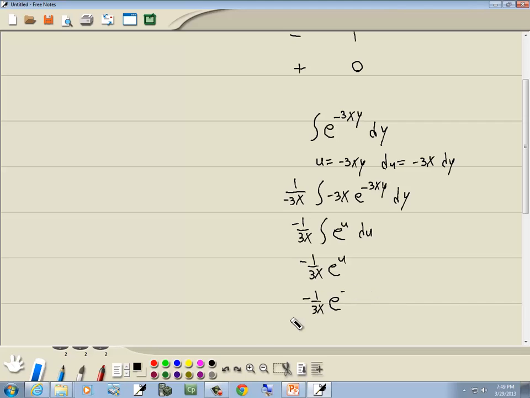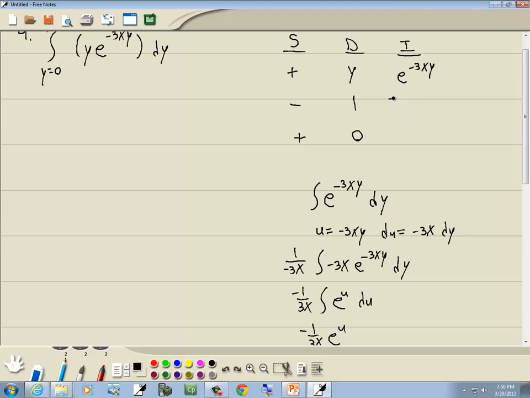Let me clean that up a little bit. E to the negative 3xy. Okay, so that's this one right here. So this is negative 1 over 3x e to the negative 3xy.